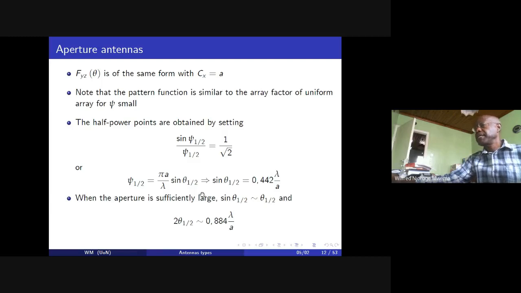So when the aperture is sufficiently large, then sine theta at half power is going to be approximately theta at half power, because theta will be very, very small, and we have 2 theta at the half power point of approximately 0.8884 lambda by a.